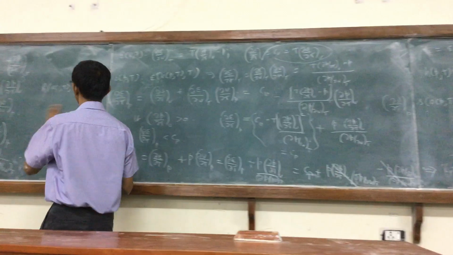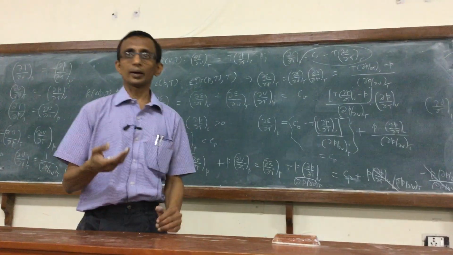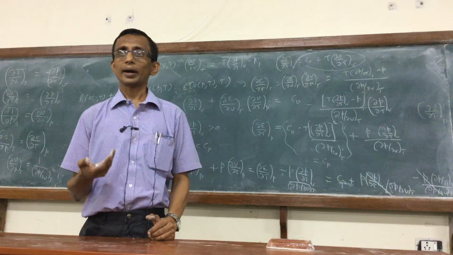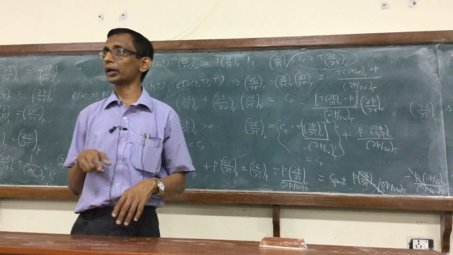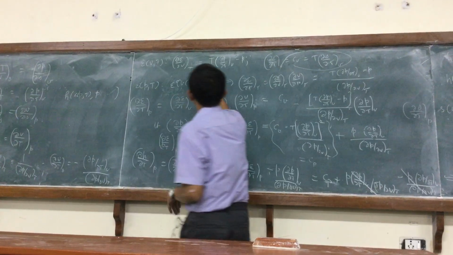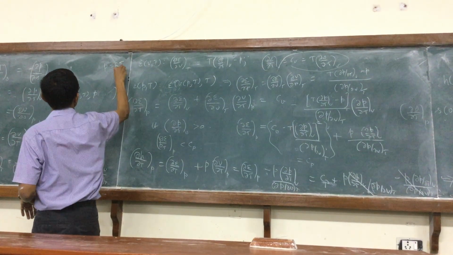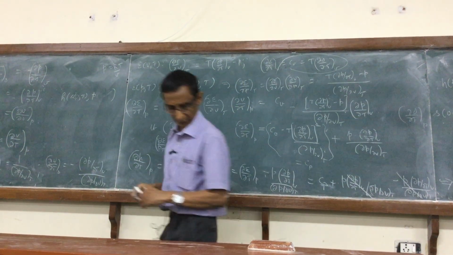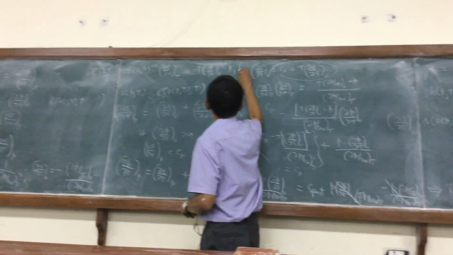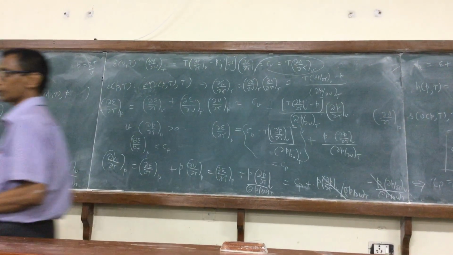Before we go to that, we can now identify what these relations become for ideal gases. Since I have all of them on the board, the first thing you recognize is that for the ideal gas P is equal to RT by V, and clearly this is equal to 0. So whatever is put in the brackets corresponds to the ideal gas.